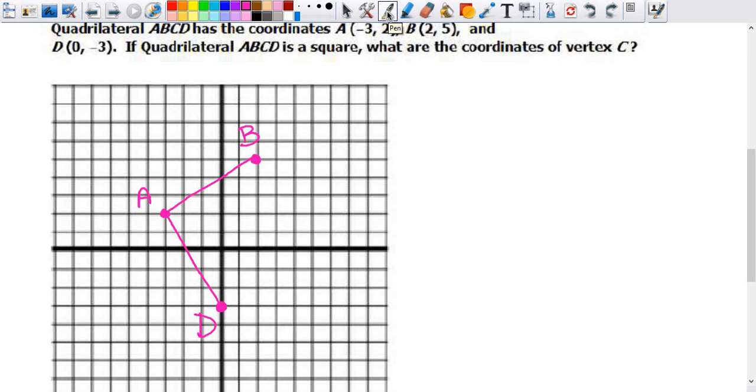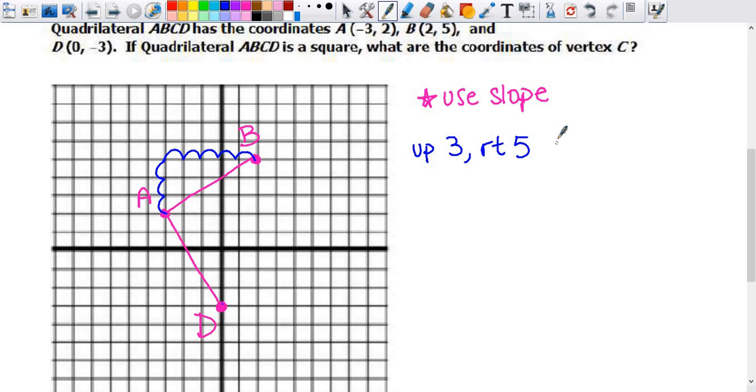Now, what I would do is use slope. And I'm using it kind of with distance. So the way I'm going to do this, and the easiest way to do this, is kind of ask yourself, all right, how am I getting from A to B? So I'm going up 1, 2, 3, and then 1, 2, 3, 4, 5. So I went up 3, then right 5. So from point D, I'm going to do the same thing.